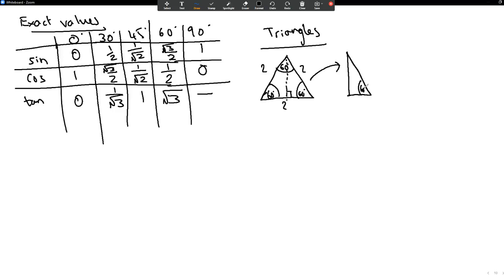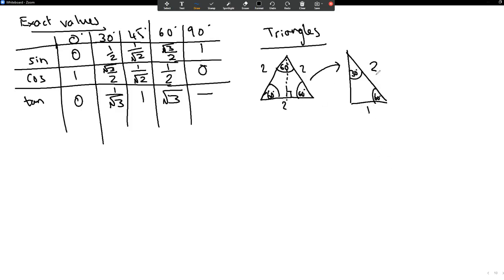If we bring this here, just the right angle we're focused on, we have 60 degrees here and 30 degrees here, because remember we're halving this angle. We still have 2 here, but because we're halving this length we have 1.